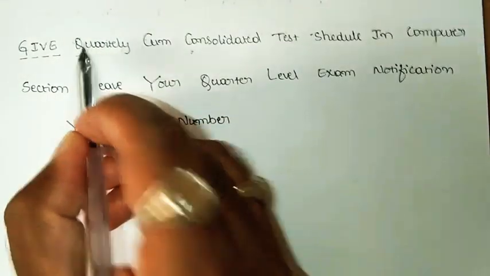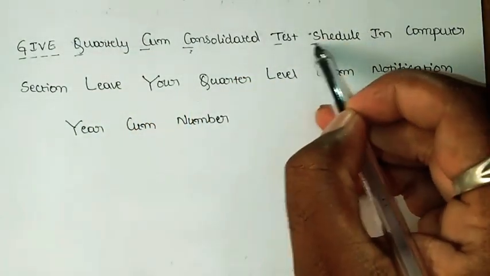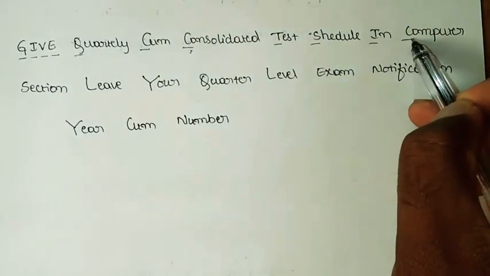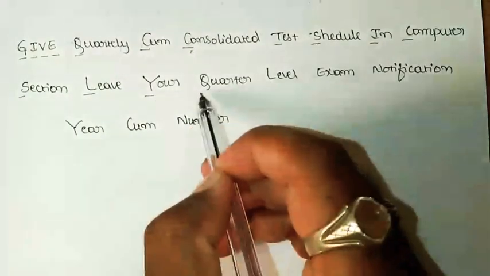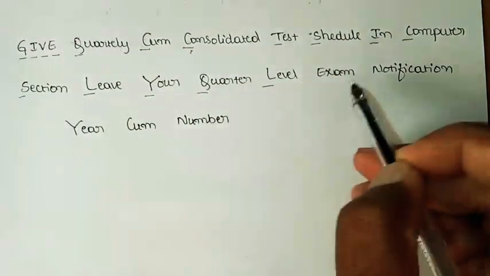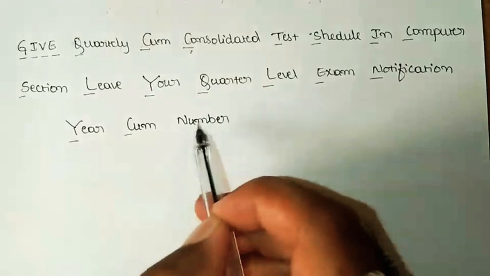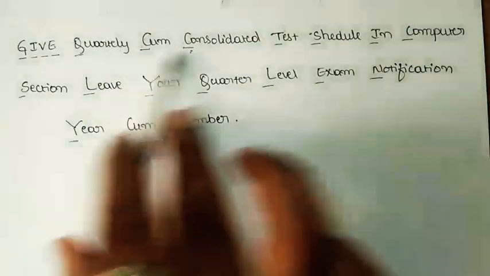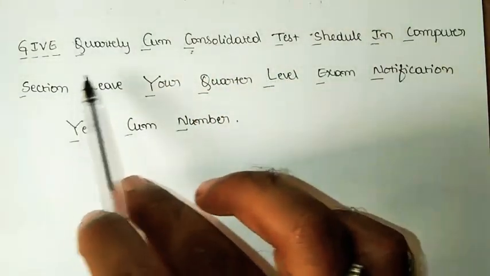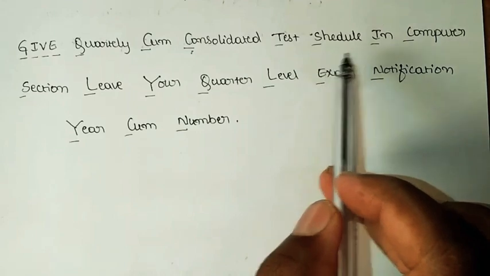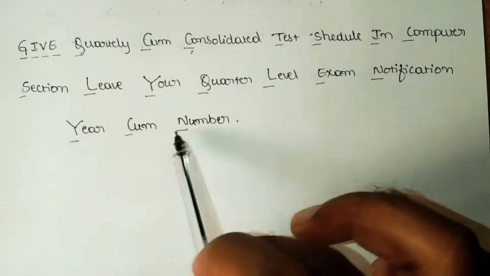Quarterly Q, come C, consolidated C, test T, schedule S, in I, computer C, section S, leave L, your Y, quarter Q, level L, exam E, notification N, year Y, come C, number N. So this is anyway the examination time, so you can remember this story. Give quarterly come consolidated test schedule in computer section, leave your quarter level exam notification year, come number.